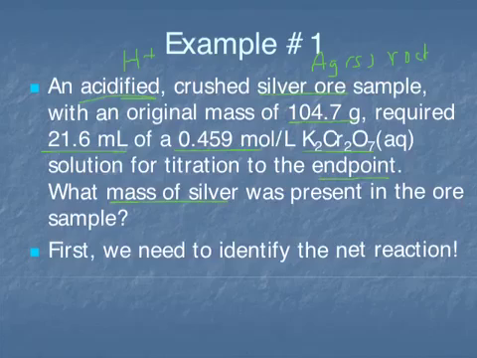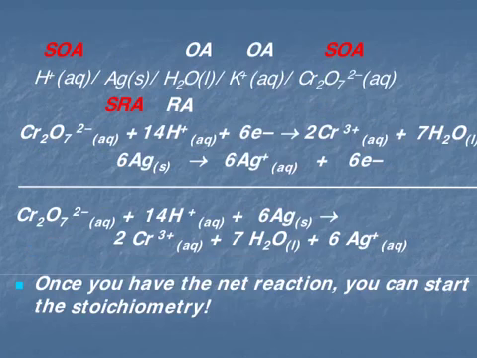As with all stoichiometry, we're going to need to determine a balanced chemical equation. In order to do that, we need to identify the strongest oxidizing agent and the strongest reducing agent. As in previous examples, we first identify all the species that are present and list them as either a reducing agent or an oxidizing agent.